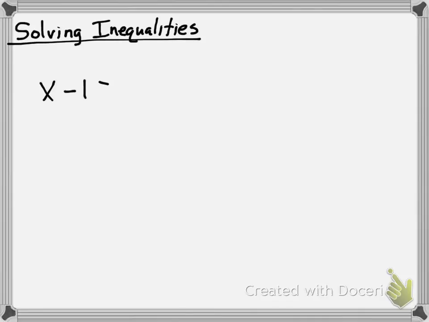Alright, so now we have to talk about how to solve these inequalities. Okay, here's an example. I have x minus 1 is greater than 4. Now let's just think about that for a second. We can probably figure this one out.